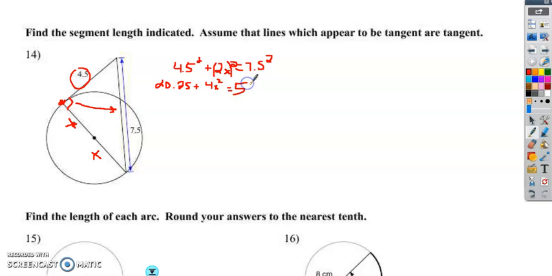So 56.25. Move the 20.25 over, so you're looking at 4x squared equals 56.25 minus 20.25, which gives us 36.